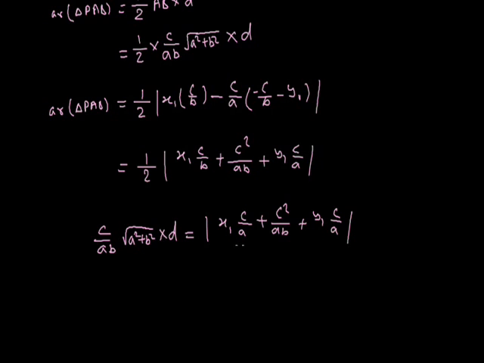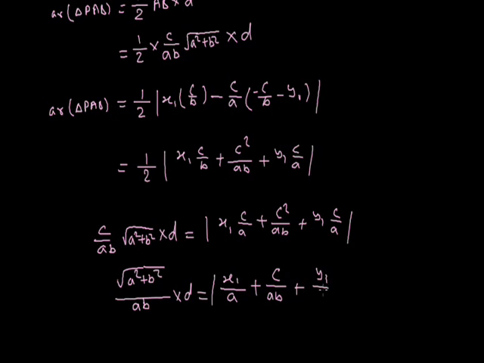Now we can take c as common, and the equation becomes under root a square plus b square upon ab into d, which is equal to x1 by b plus c by ab plus y1 by a.